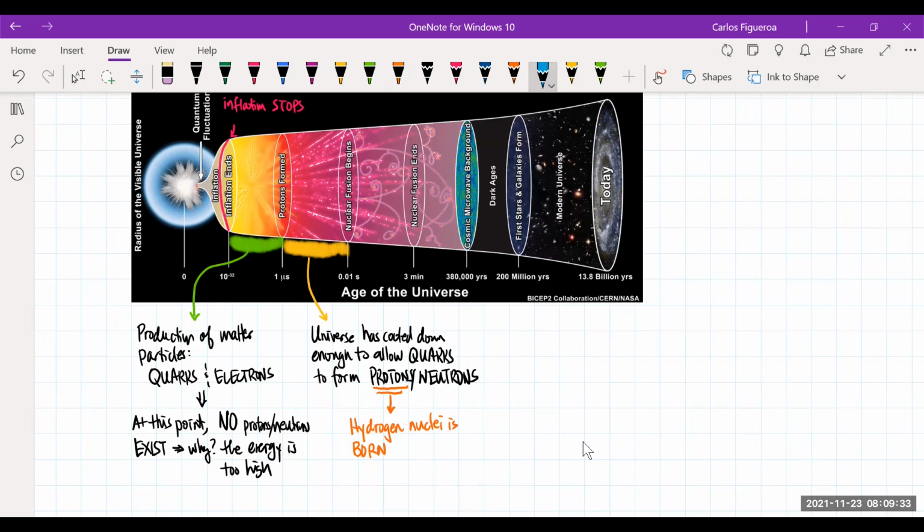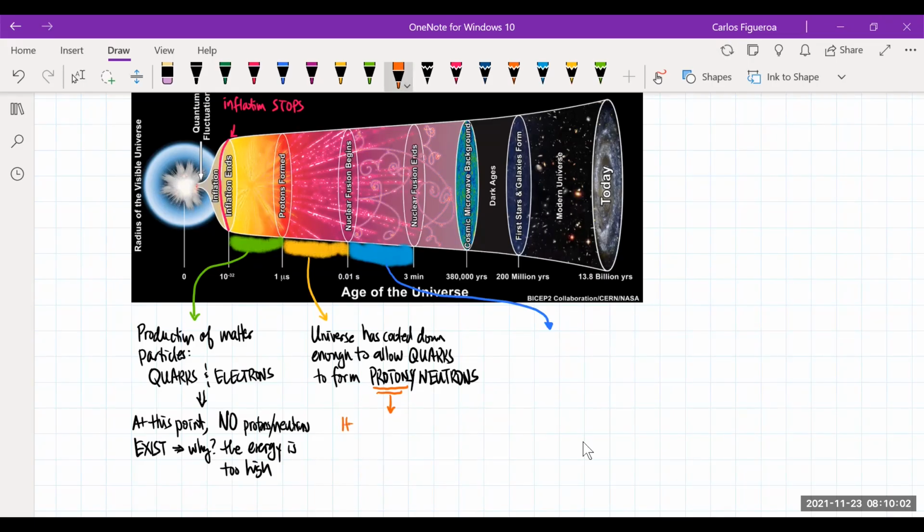And if you go all the way to 100th of a second, now you come to this next stage. And what you see, it says nuclear fusion begins. Okay, so let's go look at that. I should be really careful when I say this. I'm going to make this big here because I think this is an important point.